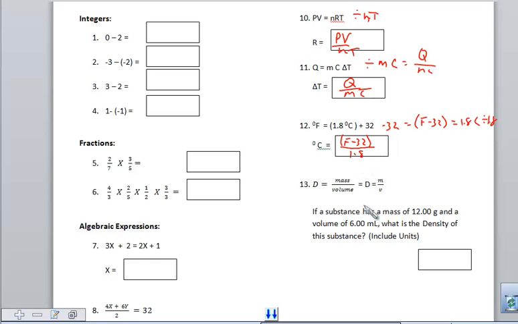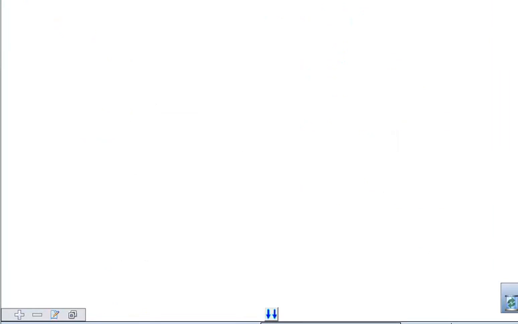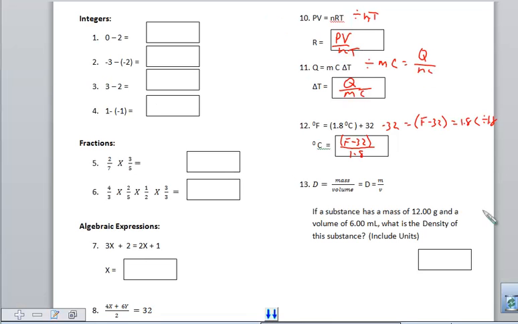Okay? Now, I think I have these two on a separate page. Let's see. No. So here we've got density equals mass over volume. Most people got this correct, but there were a couple of things I wanted to point out to you. We always want to show the specific steps in order.